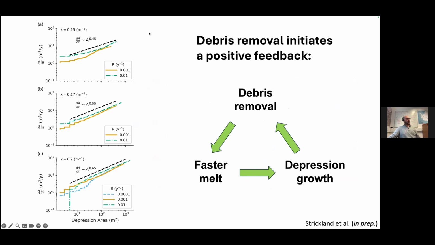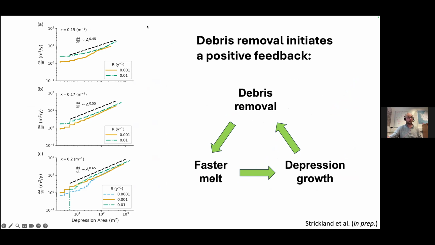Here in these different plots, I'm showing you parameter sets that produced positive feedback depression growth, similar to what we saw in the Gazumpa Glacier. And what you should take from this is that we could get positive feedback growth to occur for a really wide range of parameters and debris removal rates.